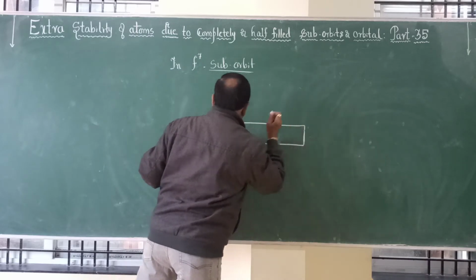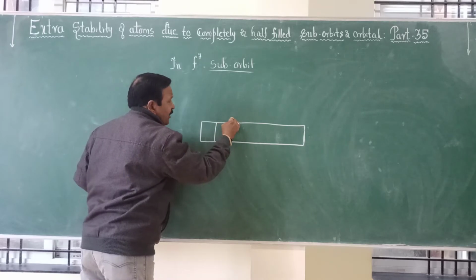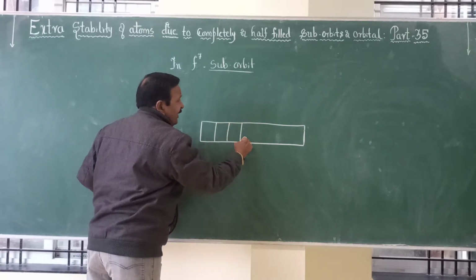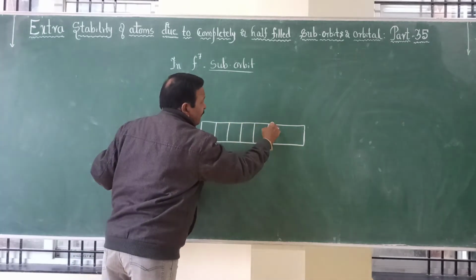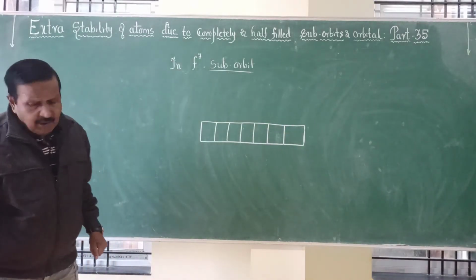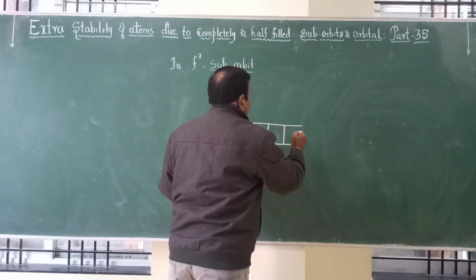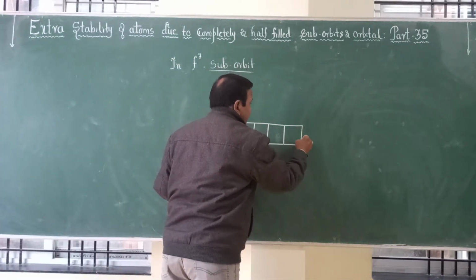The f subshell will have 7 suborbitals or degenerate orbitals: 1, 2, 3, 4, 5, 6 and 7. Almost all will have the same size because they are degenerate.